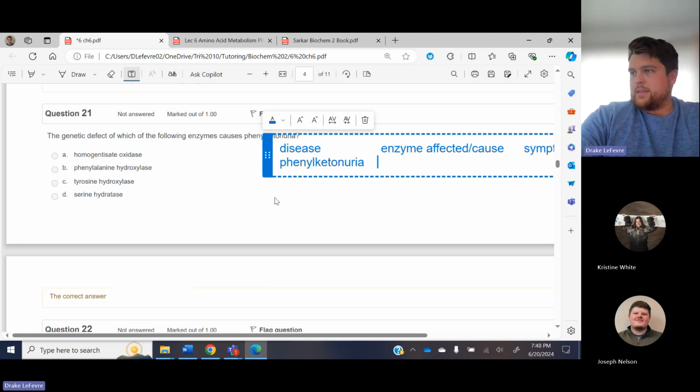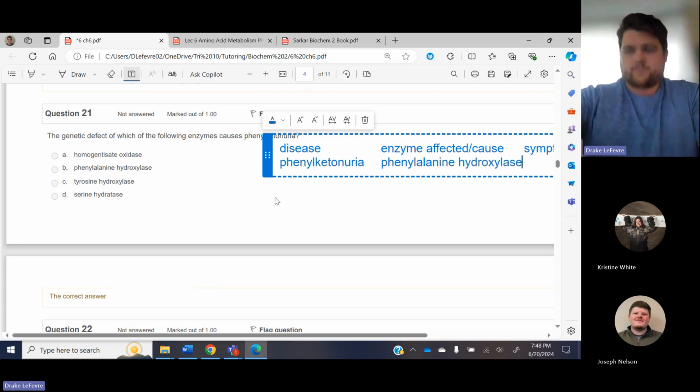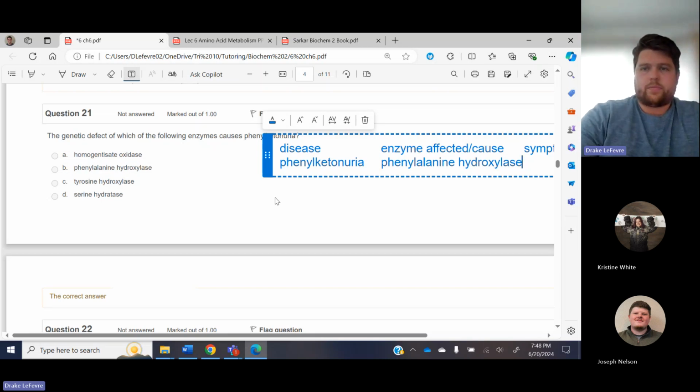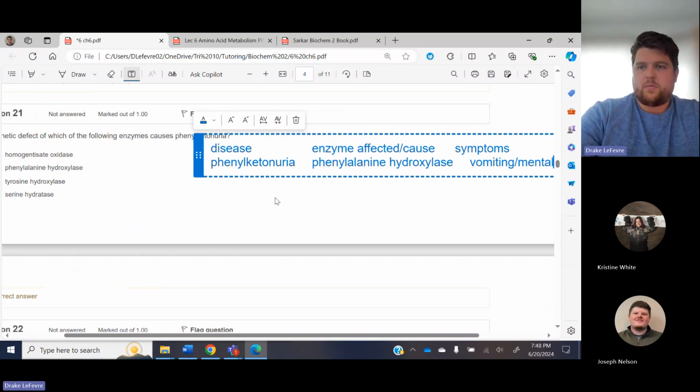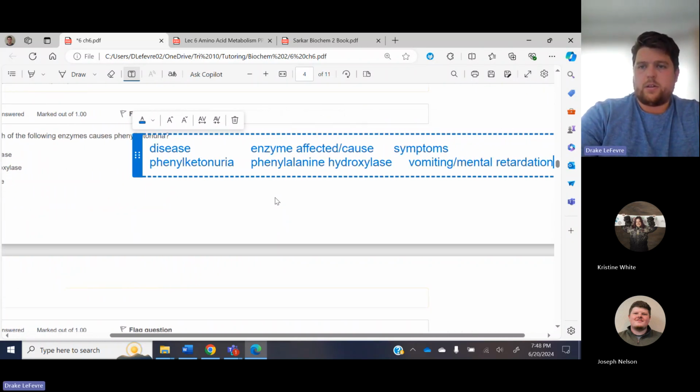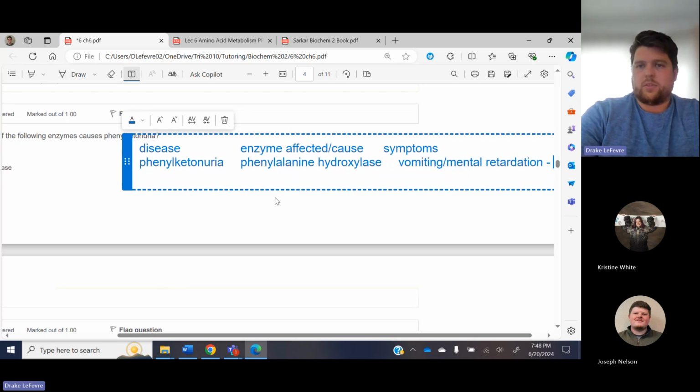The enzyme that is affected is phenylalanine hydroxylase. Symptoms that we want to remember: vomiting, mental retardation are two of the more lasting, severe ones.